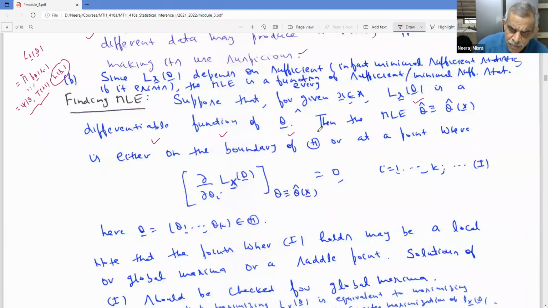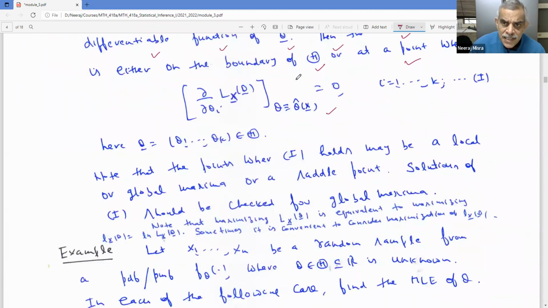If it is an interior point, then the derivative there has to be 0. Then the MLE theta hat x is either on the boundary of theta or at a point where derivative is 0 with respect to theta. So the contenders, if your likelihood function is a differentiable function of theta, are the boundary points or the points where derivative is 0.